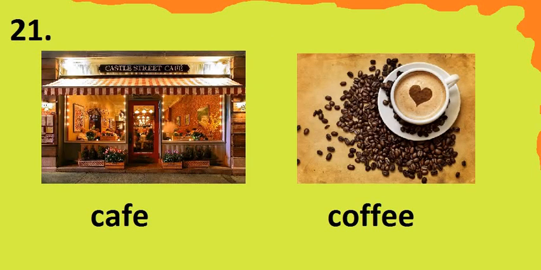Next, we have cafe and coffee. Now this is confusing because the word coffee is sometimes pronounced cafe in other languages. But in English, a cafe is a small place where you would go to buy some food or a drink, and coffee is the name of the drink itself.